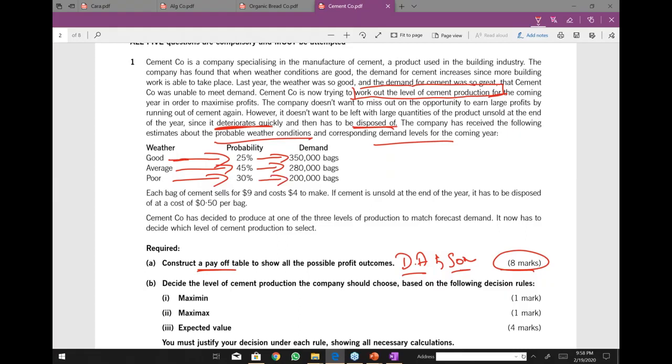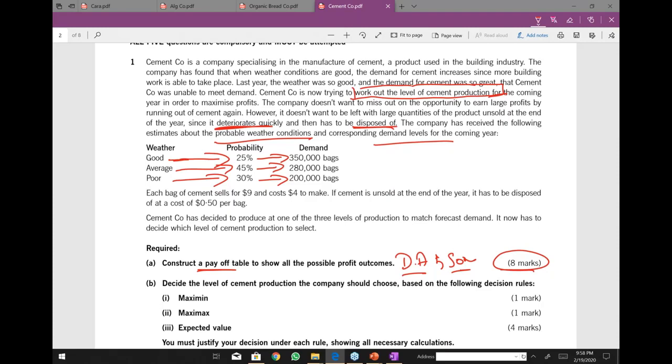Now here you are given a situation where you are not clear what the weather condition will be, and the demand is dependent upon the weather condition, which means whatever the weather is, the demand will be according to that. So I can say here that demand is dependent upon weather.